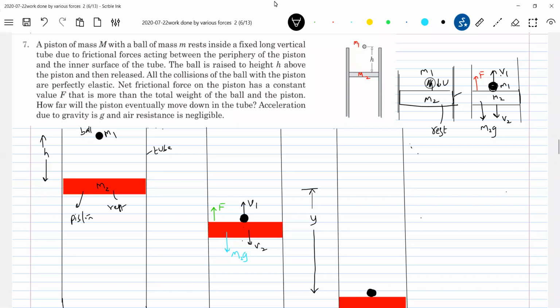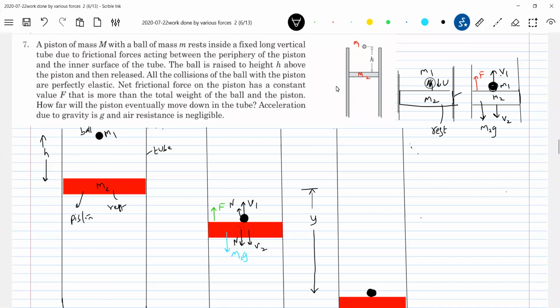Now, are there any forces acting between the ball and the piston? Yes, there will be forces acting between the ball and the piston, and those become internal forces. There will be normal contact also. Then the weight mg of the ball will also act.